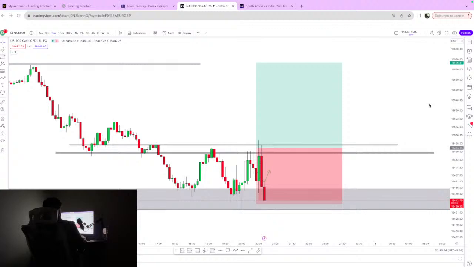Yeah, few cryptos you can trade, but not in Indian markets. It's not currently available.